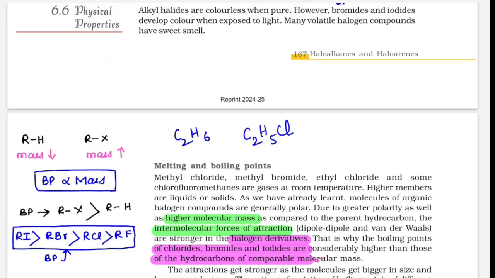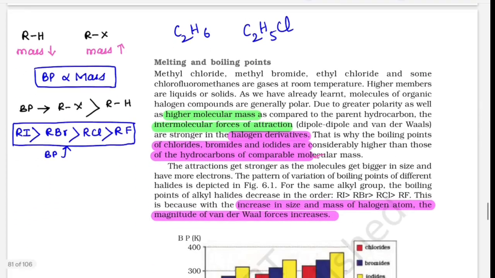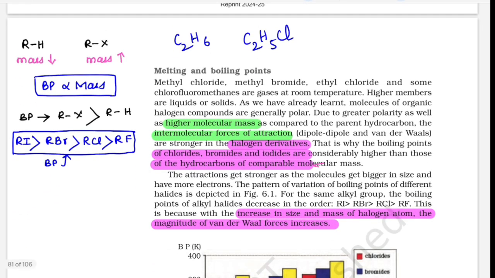Next is physical properties. What is very important under physical properties is you should know about melting point, boiling point and density. So how you will learn about boiling point is, if you consider a hydrocarbon, the boiling point will be less compared to that of a haloalkane. That is, one hydrogen you will be replacing with halogen. This is a haloalkane.